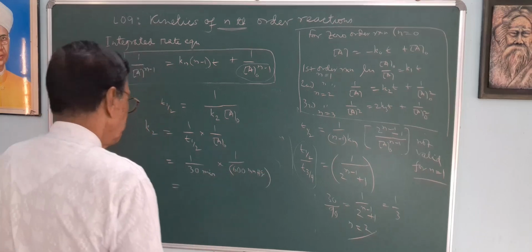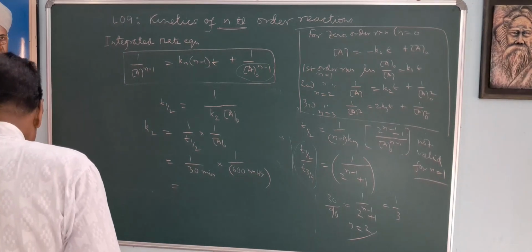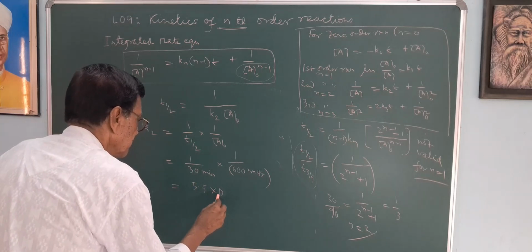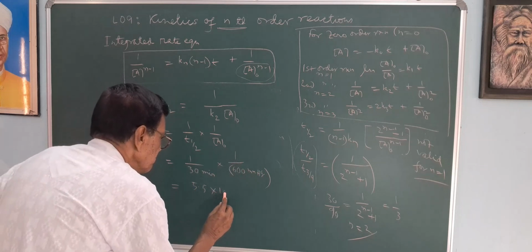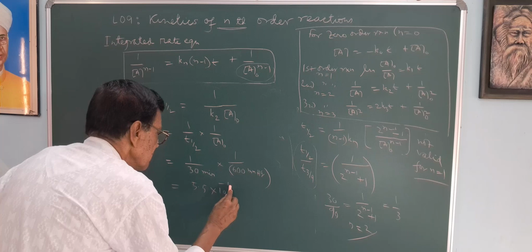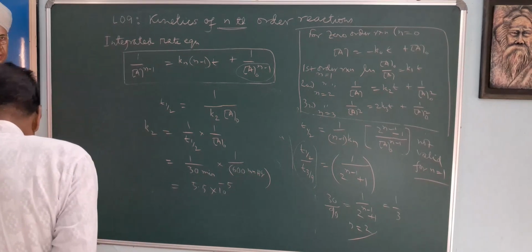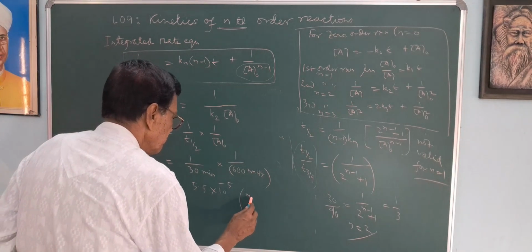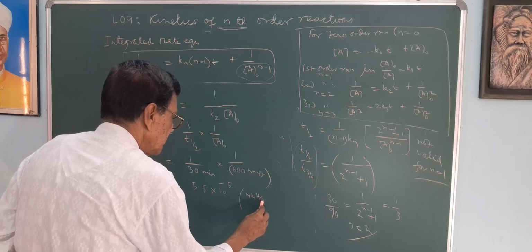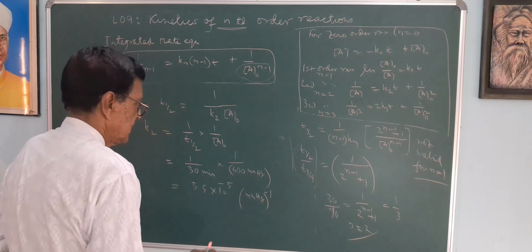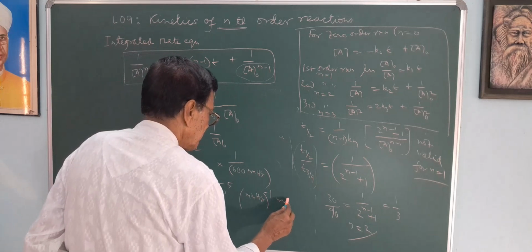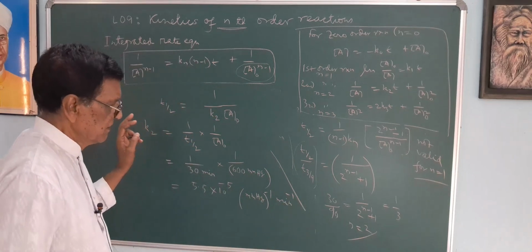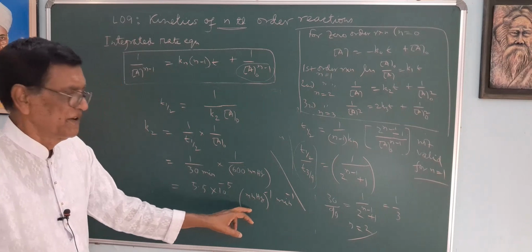So this will give you 5.5 into 10 to the power minus 5, and the unit will be millimeter of mercury to the power minus 1 per minute. So this is the value of K2 with proper units.